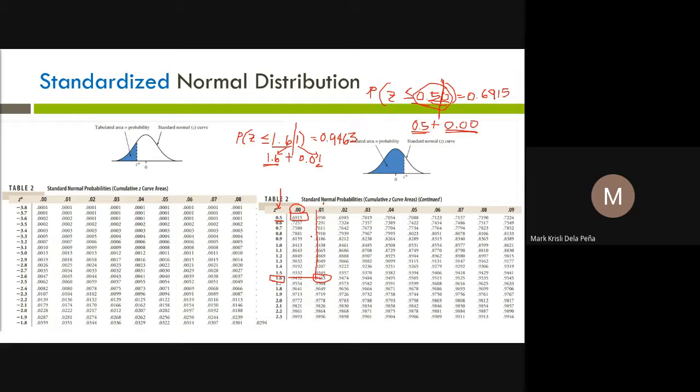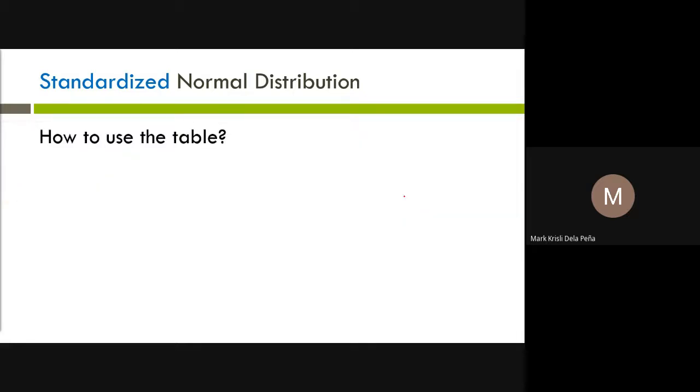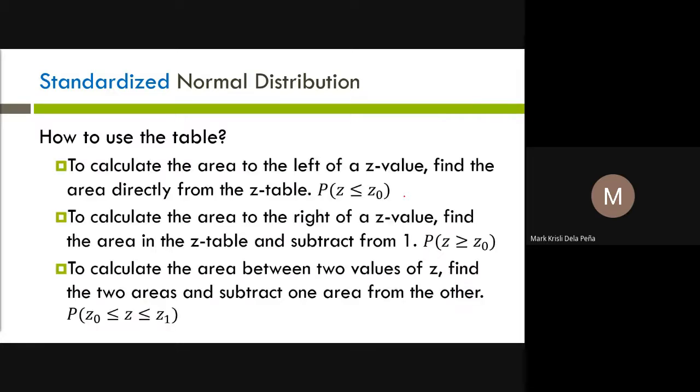Okay, so we have here some rules on how to use the z table. To calculate the area to the left of the z value, find the area directly from the z table. So that's the probability of z less than or equal to z sub 0. Next, here we are actually looking for this one.